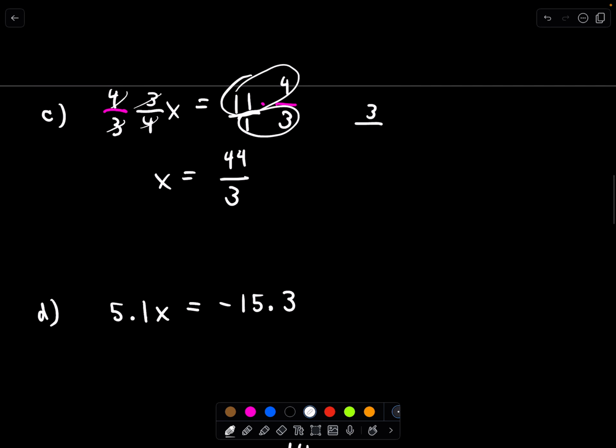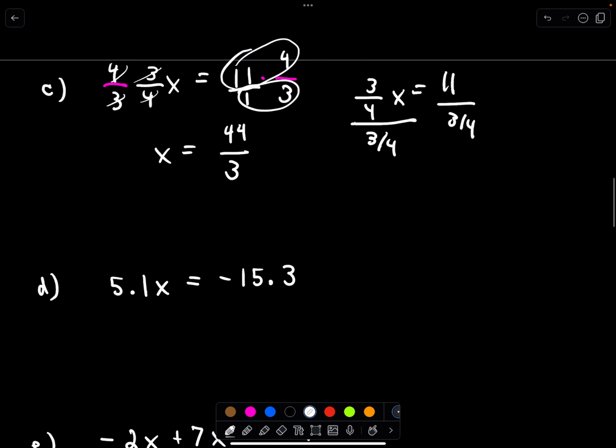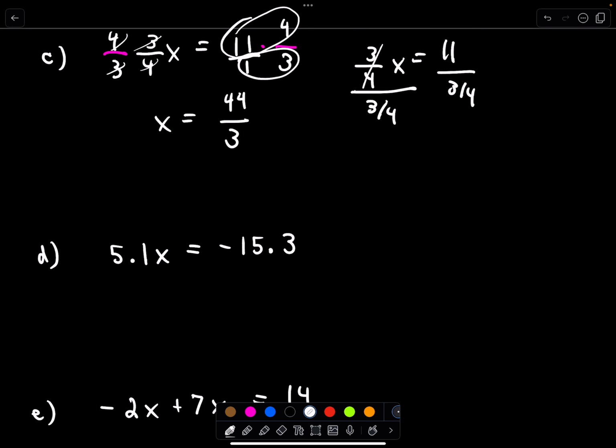And just to point out the stuff with fractions, suppose we did the division. If we divided both sides by 3/4, how would you simplify this? Well, 3/4 divided by 3/4, that's the same thing. That just leaves me with 1x. What I could do is think about 11 as being 11/1. And recall, if we have a fraction divided by another fraction, we leave the top fraction alone, that's 11/1, and we multiply it by the reciprocal of the denominator.